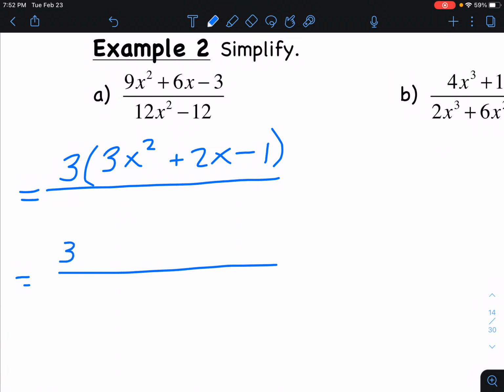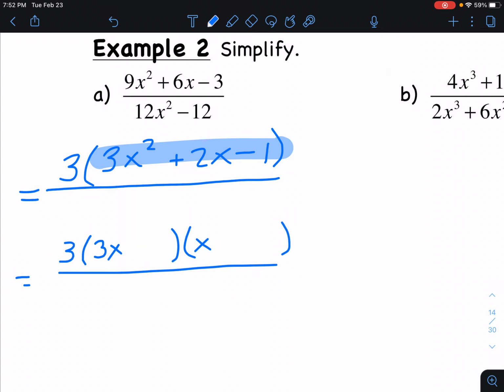We're going to carry down the 3. And then the trinomial right here, we can factor into 2 binomials. We're going to use the guess and check method here. So the 3x squared can be split up into 3x and x. 3 is a prime number, so it can only be composed of 3x and 1x.